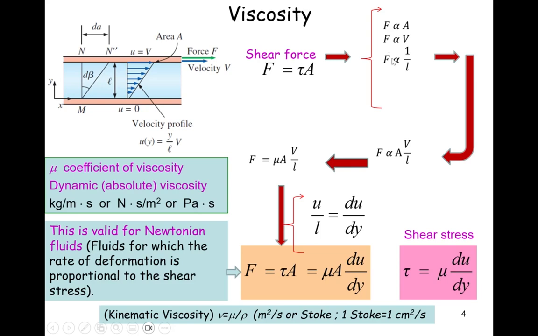However, the force is inversely proportional to the distance between the two plates. That means the smaller the distance, the larger the force we need to apply. So these are the factors that influence this force, considering this figure.